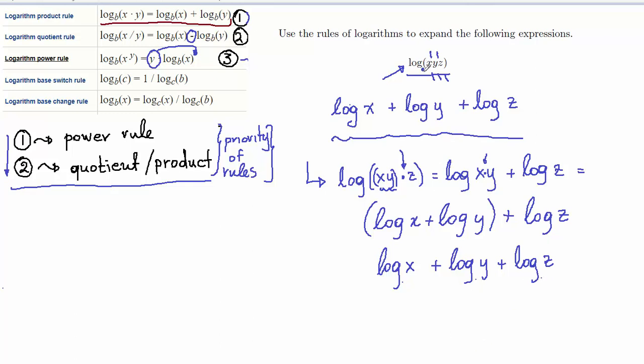What I'm saying is that if this was the log with base 2, then the result would have a 2 in all logarithms. So the final result for my expansion is going to be a sum of logarithms with base 2, if the initial one had 2 as a base, and this will be the final answer.